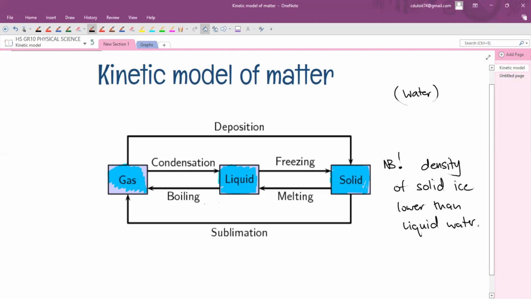Let's say 99% of all substances, the density of the solid state is higher than the liquid state. So if you take any other liquid and make a solid of that liquid and put them together, the solid will sink to the bottom because its density is higher. While water, once you freeze it, the density becomes lower and it rises up. So that's why when a lake freezes over, the ice is on top, not at the bottom.